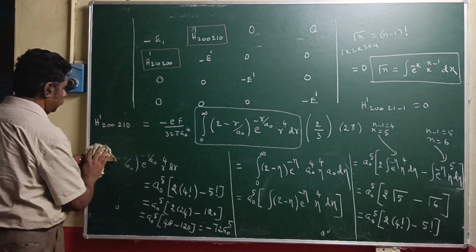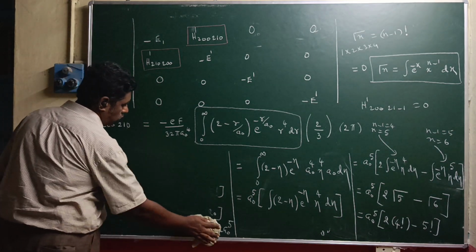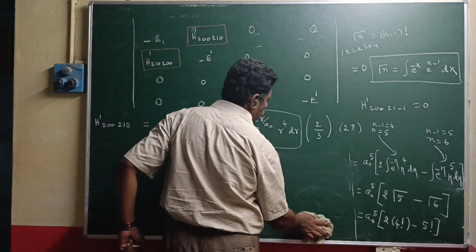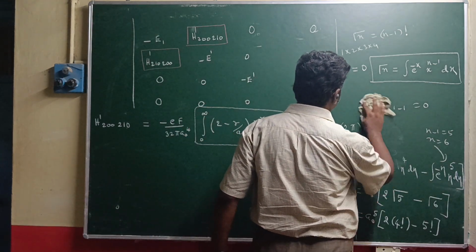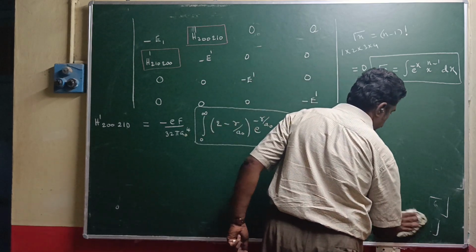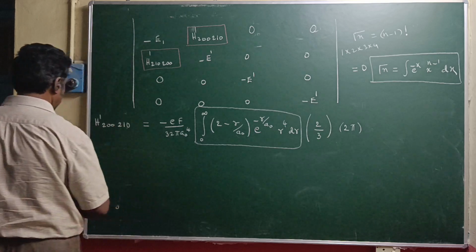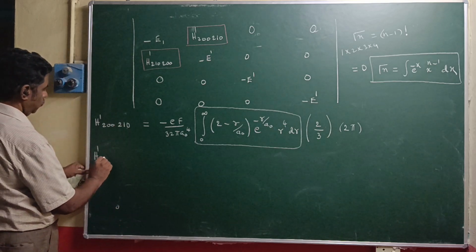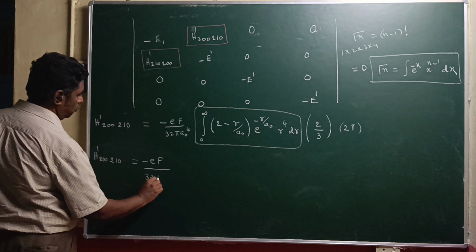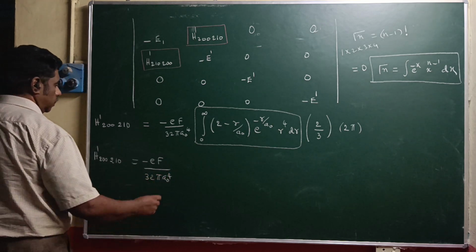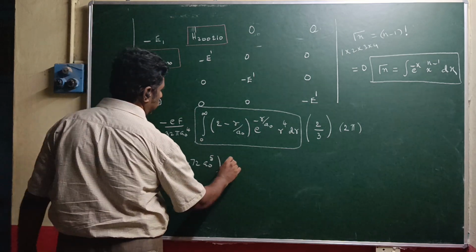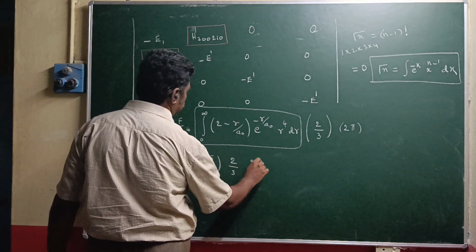Now we have to substitute all the values. H1 of 200 210 is equal to minus eF divided by 32 a0 power 4, minus 72 a0 power 5, into 2 by 3, into 2 pi.